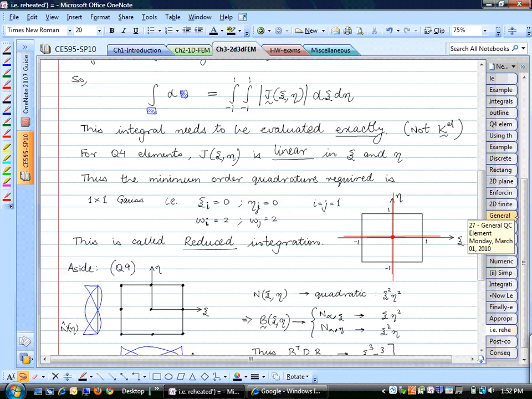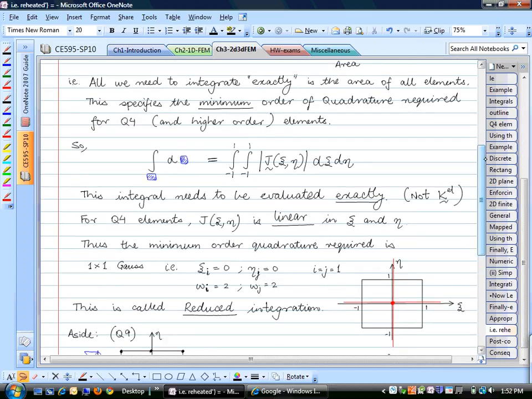So actually, the size of the element depends upon the type of the problem. If you're trying to capture something like a stress concentration around a crack, no matter how small you go, you cannot capture the 1 upon r singularity. But the idea is that in the limit, you are obviously not going to make your h, the element size, go pretty much down to 0.